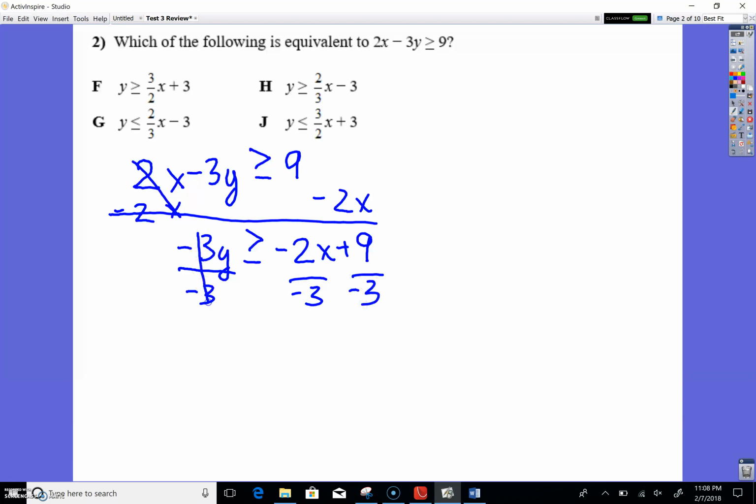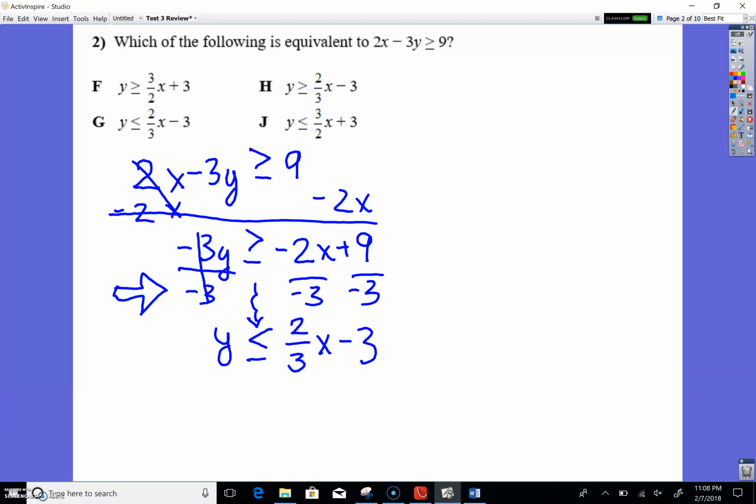Now the next thing we do is divide by -3 to everything. This cancels. Why? Because I divided by a negative. Divide by negative, this changes. This is greater than, it becomes less than. Negative becomes a positive, 2 over 3x. 9 divided by -3 is -3.